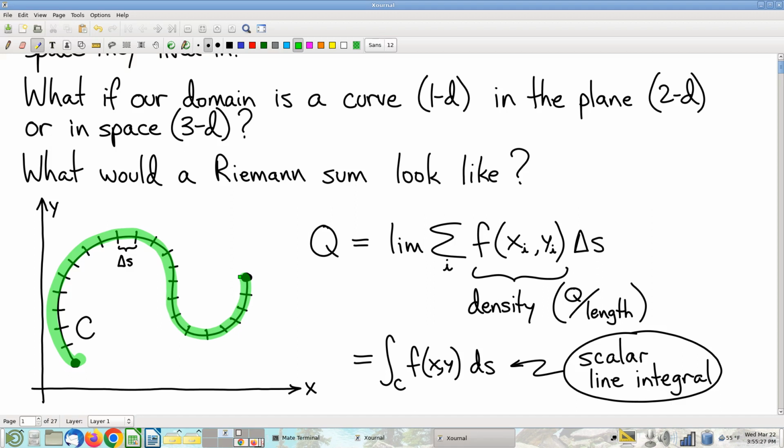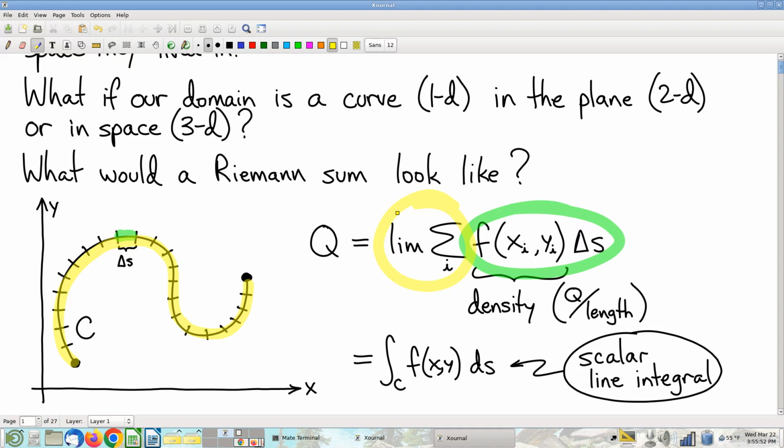Well, you would break up the river into small little pieces, and you would say, all right, well, on that little piece, I know how many fish per mile, and I could multiply fish per mile times miles, right? And then I can add that up over the whole length of the river.